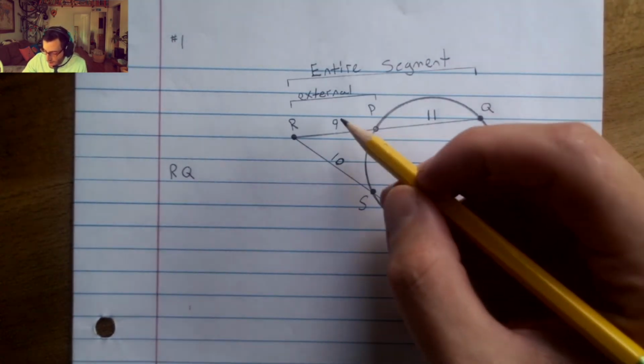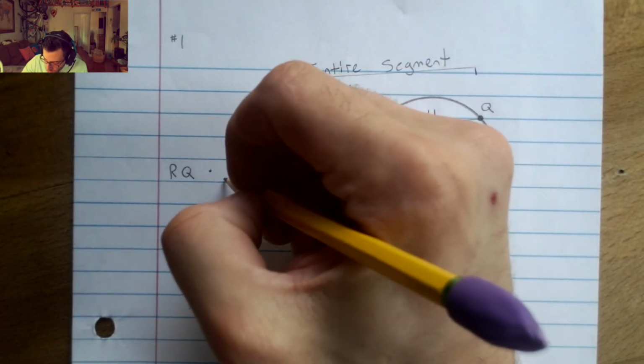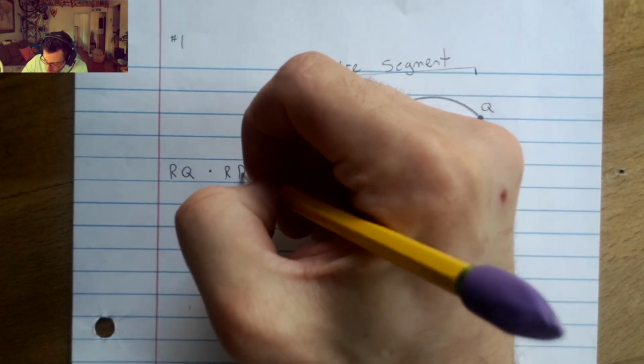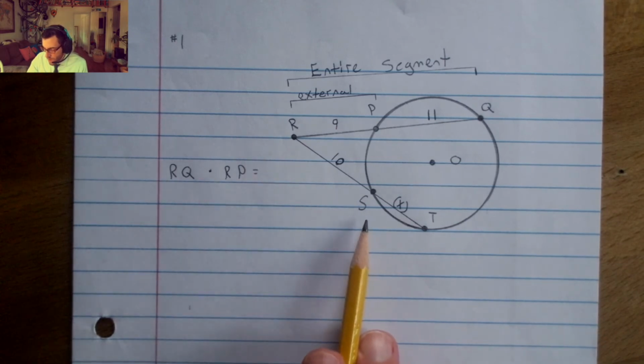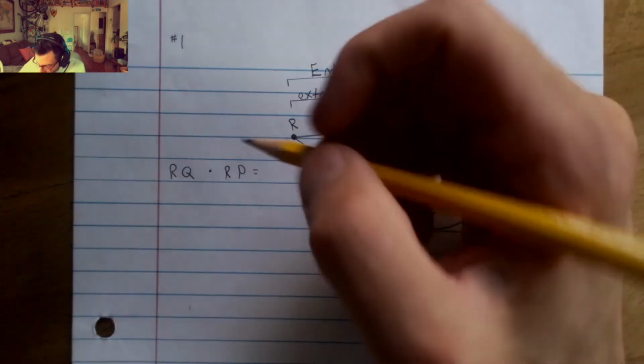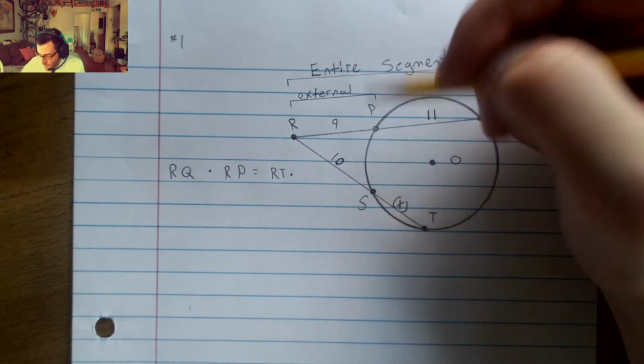We have our external segment of RP, and we have our other secant here, RT, and our external value of RS.